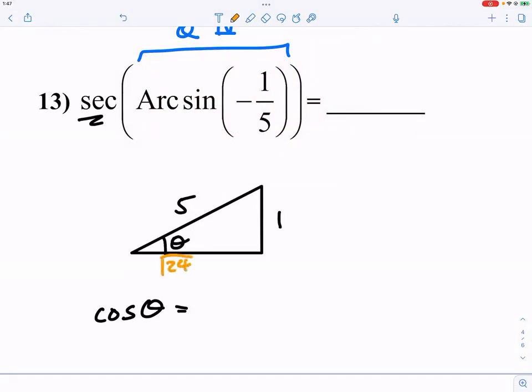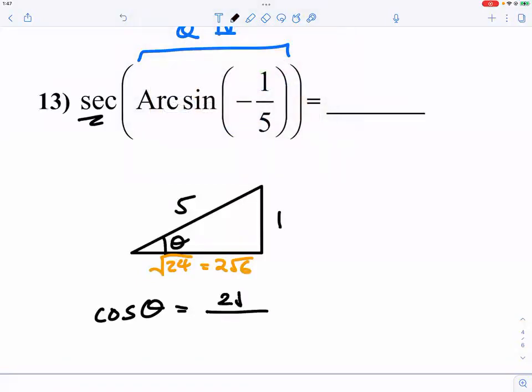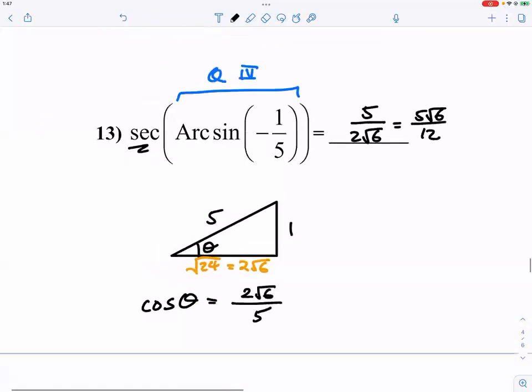It's 2√6, or you should get square root 24, and then you reduce it to 2√6. So for the cosine theta, you will have 2√6/5, and then you do the reciprocal of that. So 5/2√6, and you need to rationalize it, and it becomes 5√6/12. So again, drawing a triangle, we're not really finding out what the theta is. We're just interested in what the ratio is.